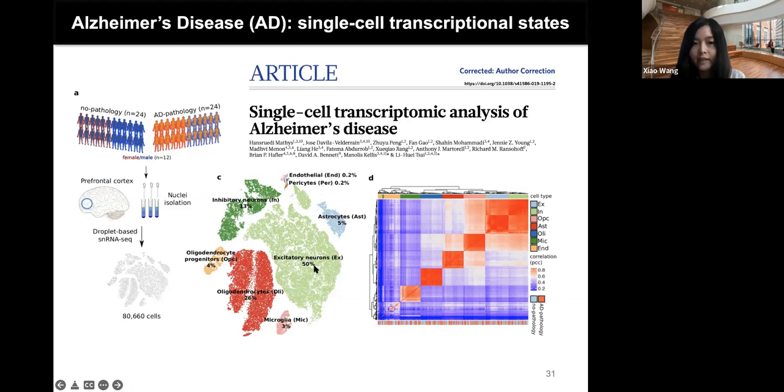Of course, many other labs in that domain have contributed a lot of knowledge about how the disease is reflected and caused at single cell resolution: can we identify disease-associated cell populations, cell types, and genes?